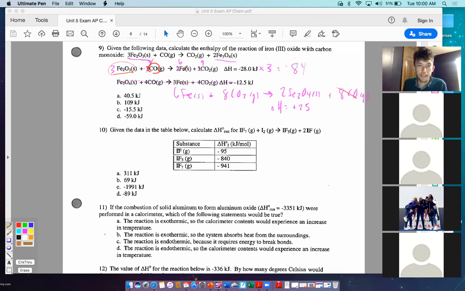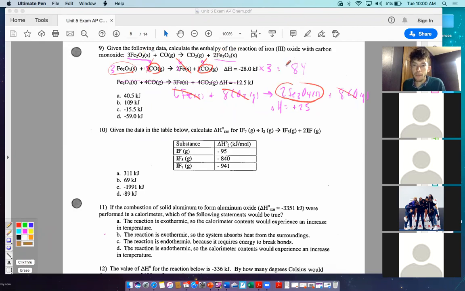I have 6 irons as a product from this reaction, 6 irons as a reactant from this reaction, so those will perfectly cancel. I have 9 CO2 as a product, 8 CO2 as a reactant, so 8 of those will cancel to get me CO2 as a product. And then I have my 2 Fe3O4 as a product right there, and that gives me the perfect reaction that I wanted.